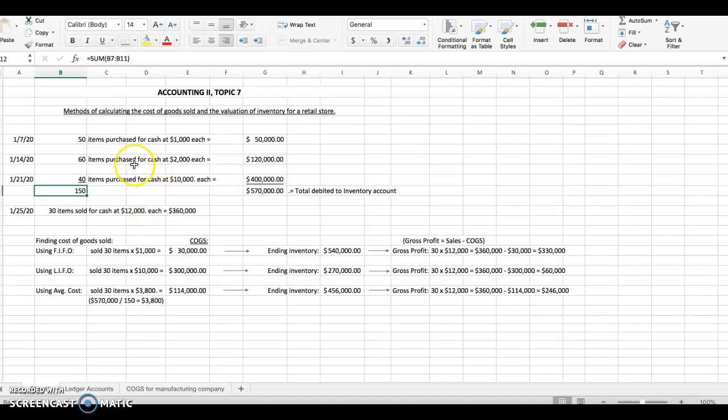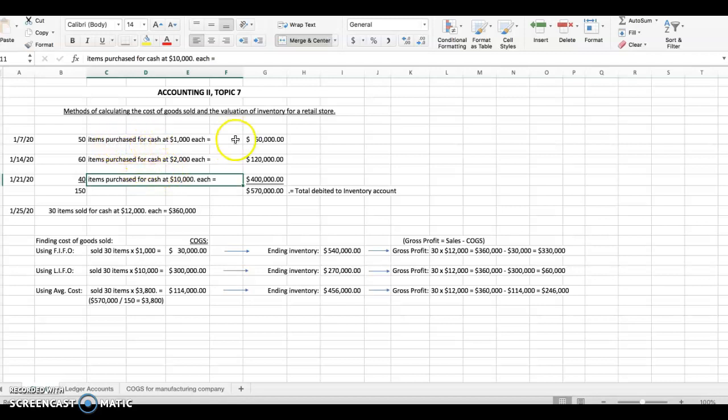And you can see how much these items increased in value, which is a pretty extreme increase, but it'll show you how these different kinds of valuation will determine gross profit, as we said.